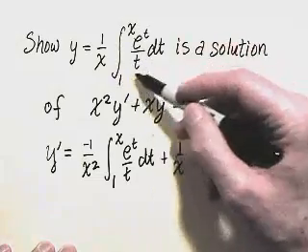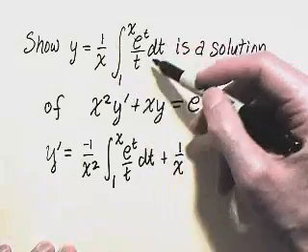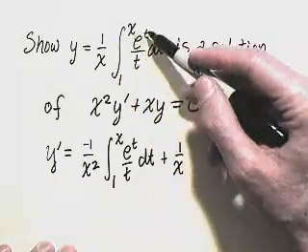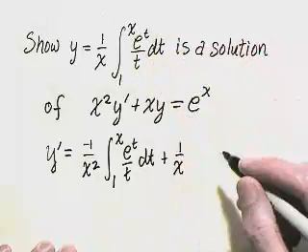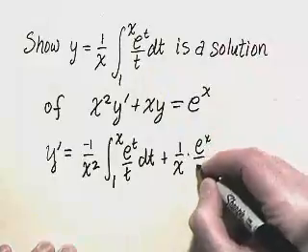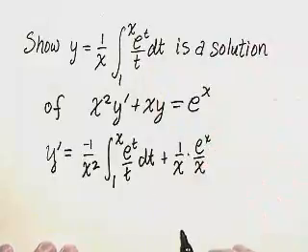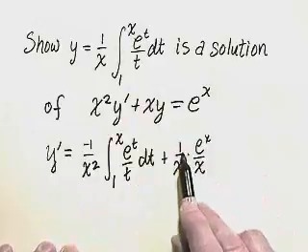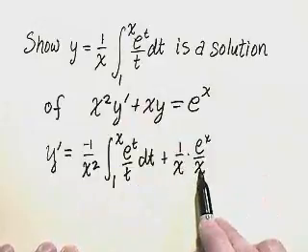Remember how the fundamental theorem tells us to differentiate this definite integral. We just take the integrand and replace the variable t with x. So we'll get e to the x divided by x for the derivative of the integral, and so there's our second term, 1 over x times e to the x over x.